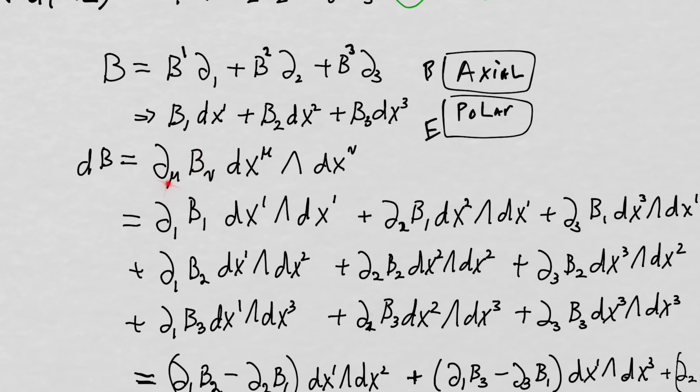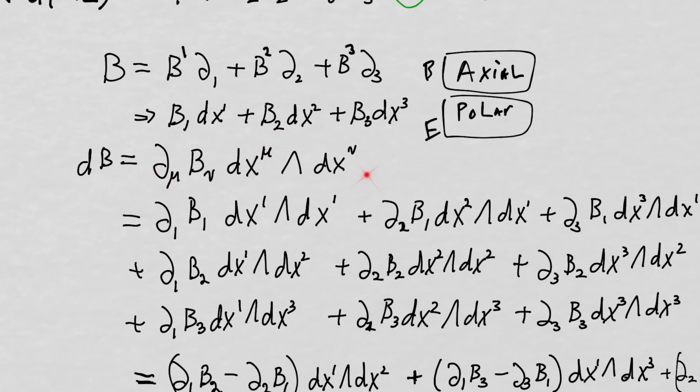It's these partial derivatives of the component fields, and it's just wedged right into each of these forms, each of the components of the field itself, and it ends up being a two-form, which of course is correct, right? If we treat the magnetic field as a one-form field, which is totally free, the exterior derivative of a one-form field is a two-form field defined this way.